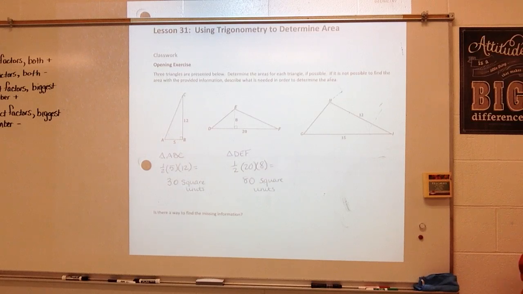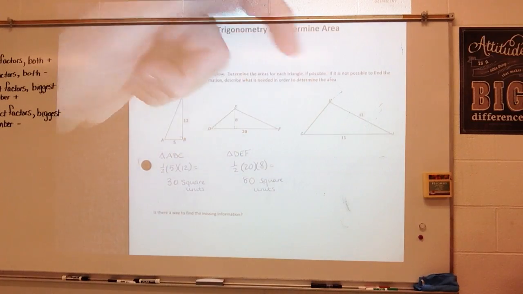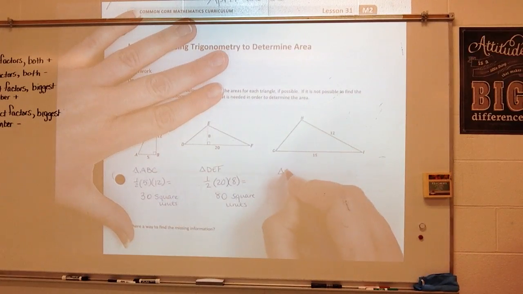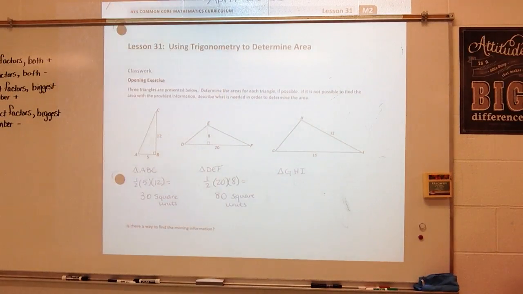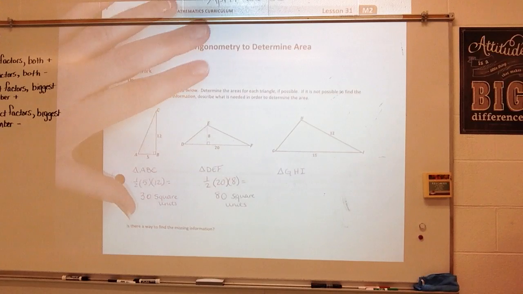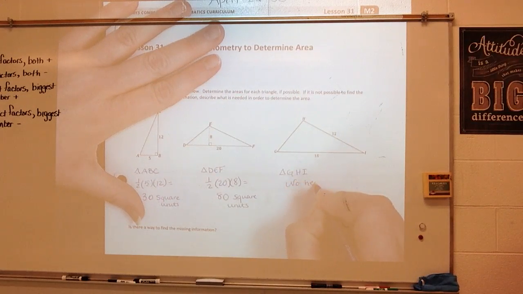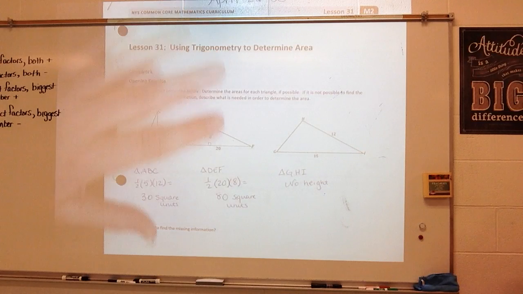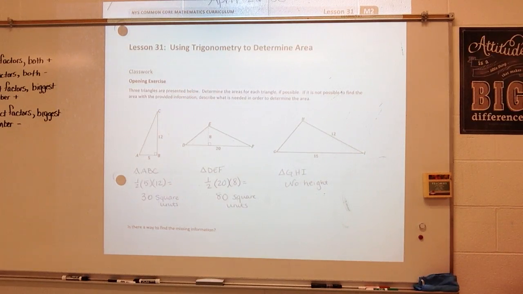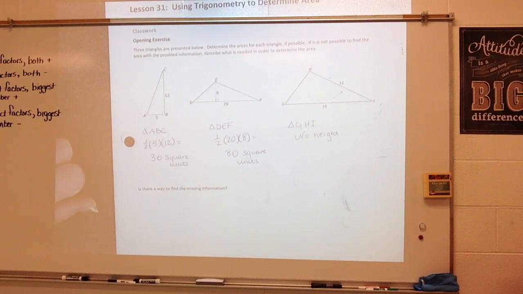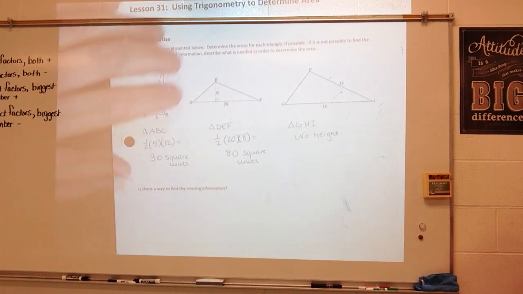Now let's look at the triangle GHI. Can I find 1/2 base times height? I do not have the height, and there's not enough information to find the height. So we cannot find the area of that triangle. Is there a way to find the missing information? Without other information, there's no way to do this.